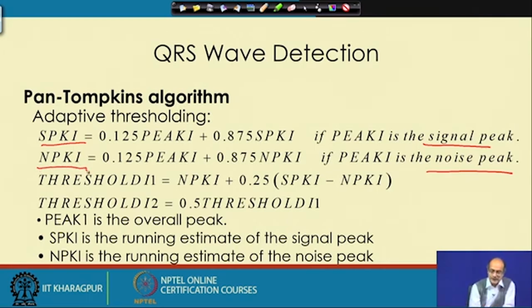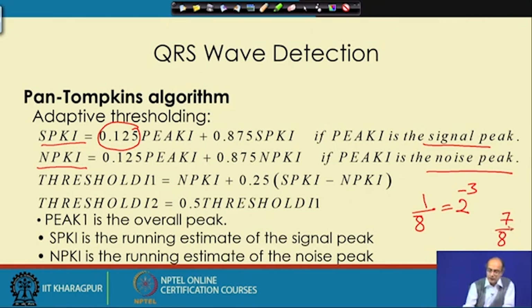In both the cases, we are taking the fraction 0.125, which comes out of 1/8. Again it is a power of 2, 2 to the power minus 3, that has been taken. If this is 1/8, the other part is 7/8.